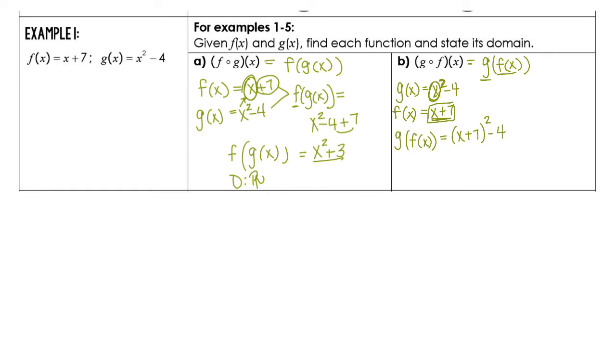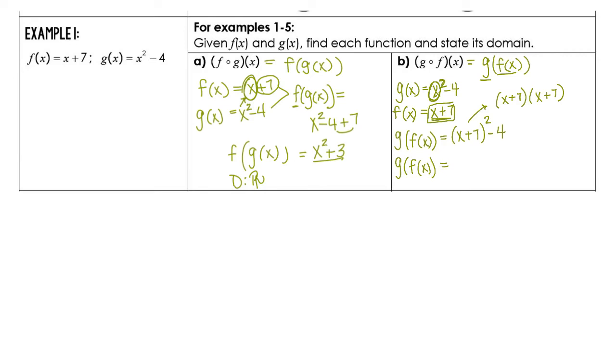And so we do need to multiply this out. It's good for us to remember that x plus 7 squared means that you have x plus 7 times x plus 7. And when you multiply that out, I'm going to bring this answer down here.